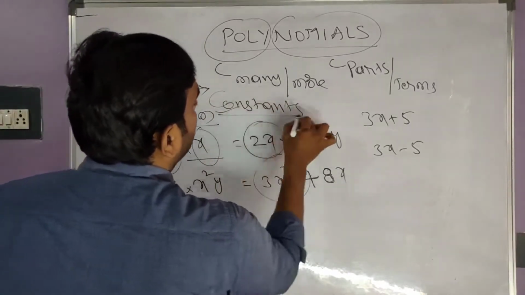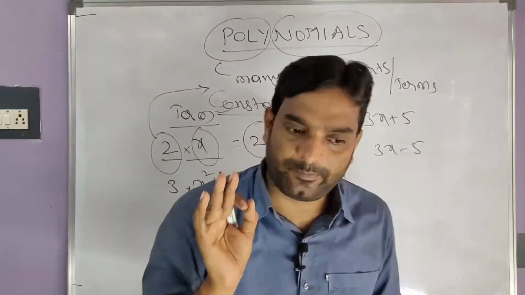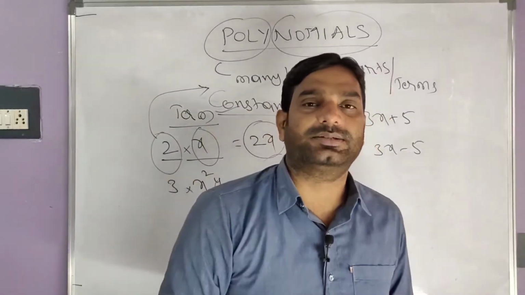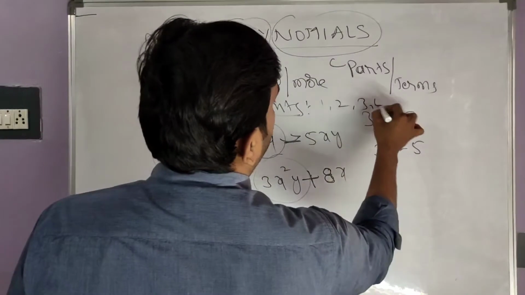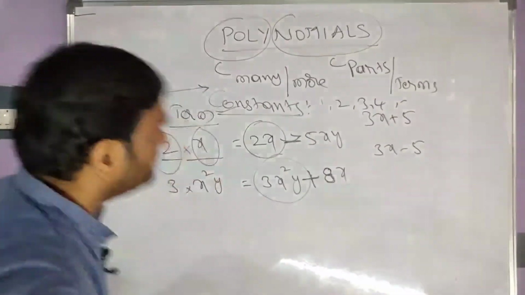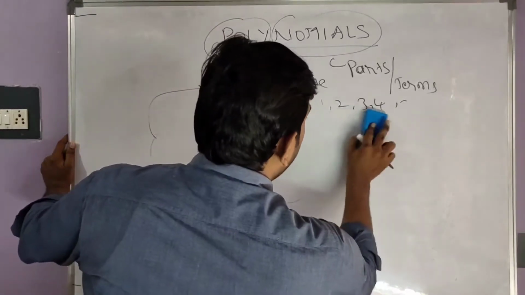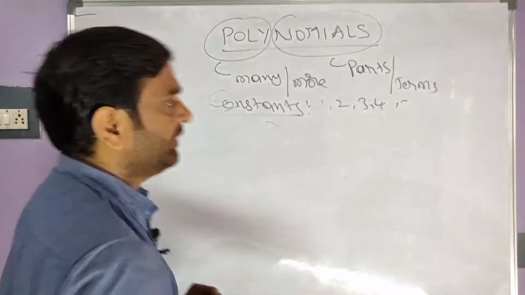Constants are nothing but a symbol which has a fixed numerical value, and those are 1, 2, 3, 4, 5 and so on. Constants means a symbol which has a fixed numerical value.